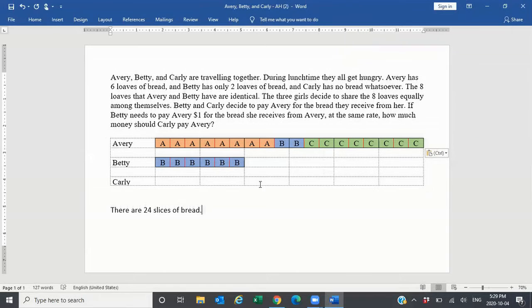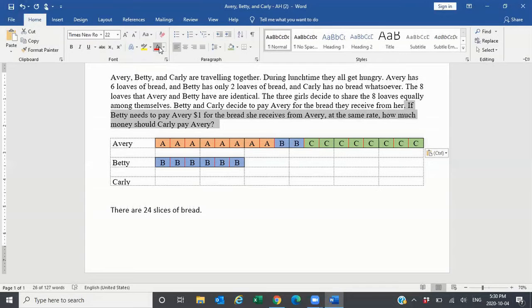There we go. Now that we divided this all up, now I'm going to focus on this part of the question. It says, if Betty needs to pay Avery $1 for the bread she receives from Avery, at the same rate, how much money should Carly pay Avery? Alright, I'm going to highlight this whole sentence and make it a different color. It's a very important sentence.